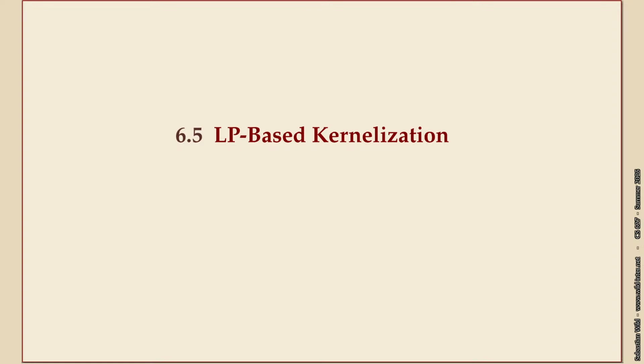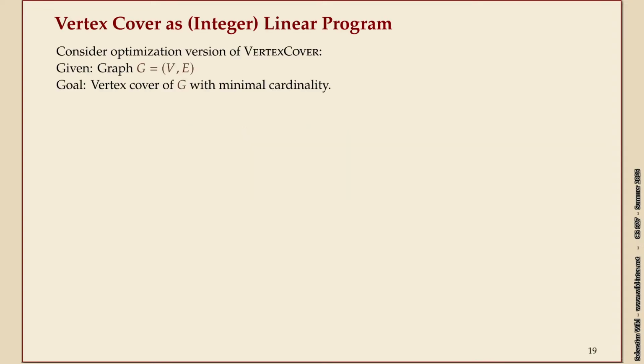In this section, we'll look at how to use linear programming relaxations to get kernelizations for problems that we've seen before, and indeed better kernels or smaller kernels than what we've achieved with our more ad hoc reduction rules before. And we'll revisit our good old friend vertex cover. Remember, it's one of those really well-studied FPT problems.